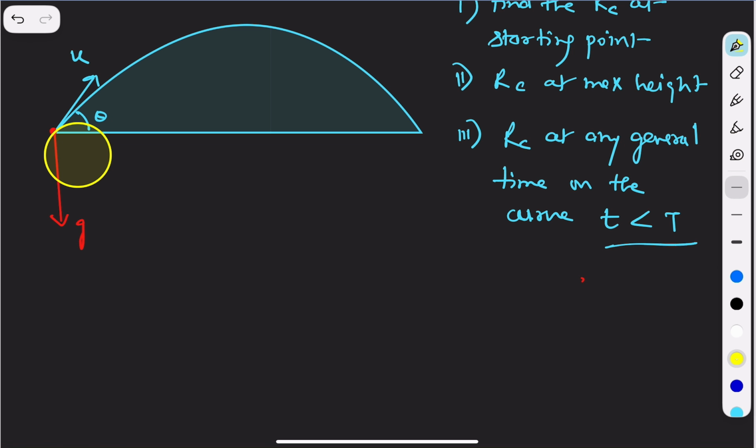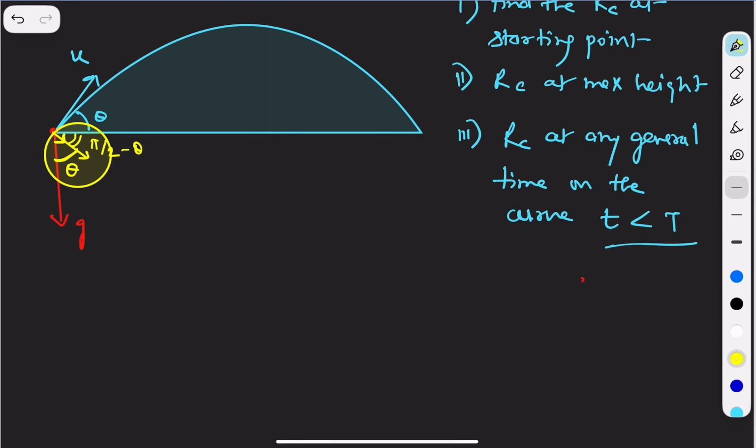Of course this should be your centripetal acceleration, because this is g, the total acceleration. If this is theta, this will be the u, and the centripetal acceleration should be perpendicular to it. So this will be pi by 2 minus theta. And if you see, this angle is 90 degree, so of course this angle will be simply theta. I hope you're getting my point.